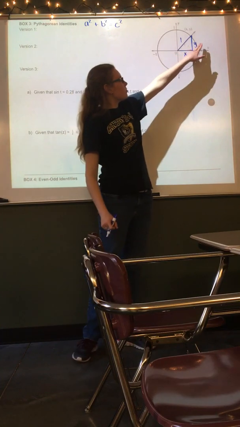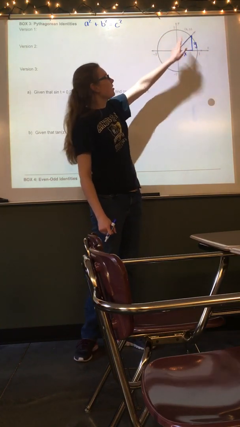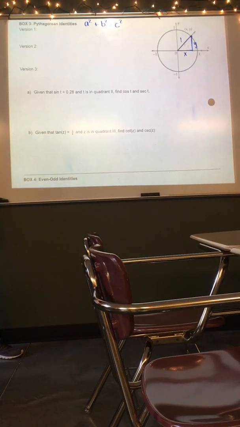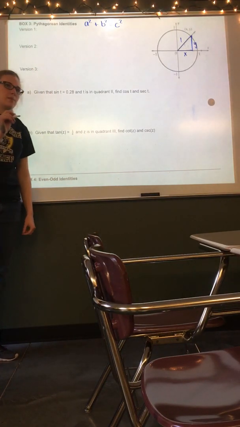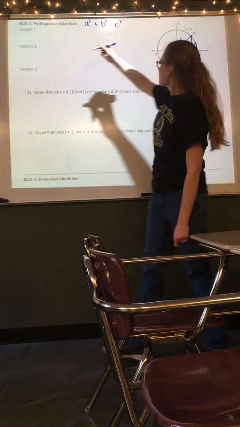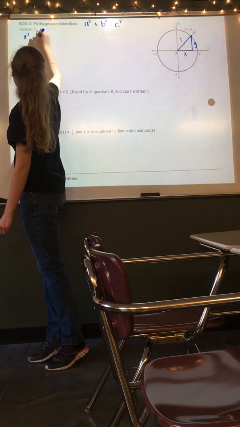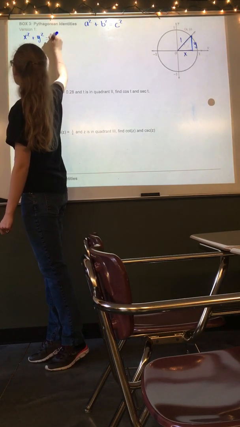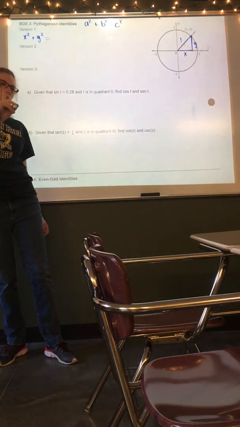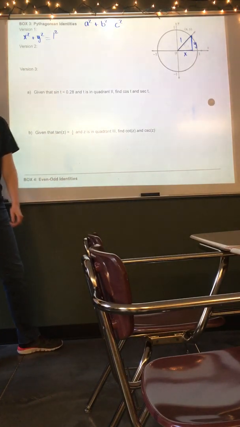A squared plus b squared equals c squared: 2 legs and the hypotenuse. So 2 legs, x and y. So x squared plus y squared is equal to the hypotenuse squared, and my hypotenuse is 1. So 1 squared, just 1.